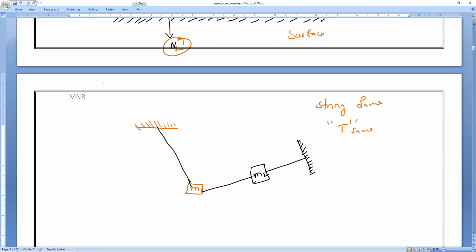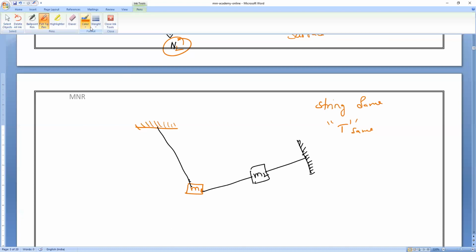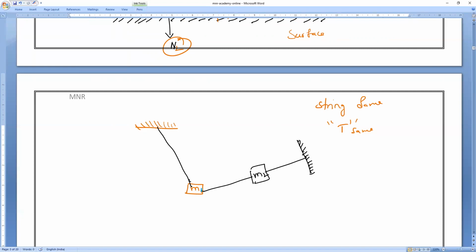Now, the first body is exerting tension. Tension always acts away from the body. Let me consider this as T1, the tension exerted to hold M1.